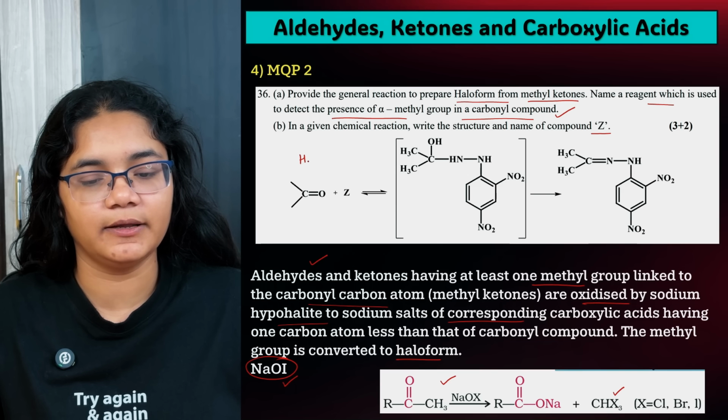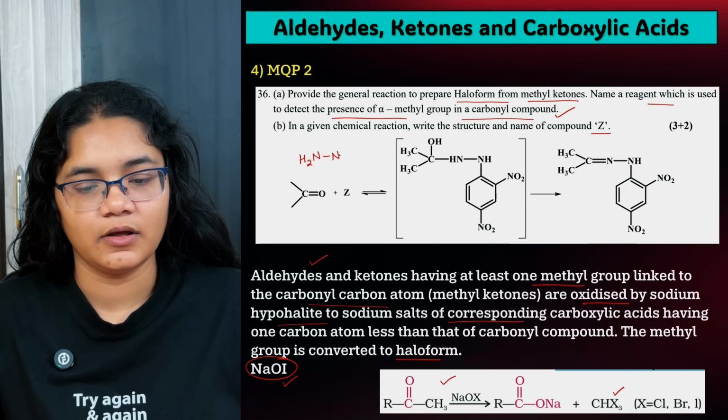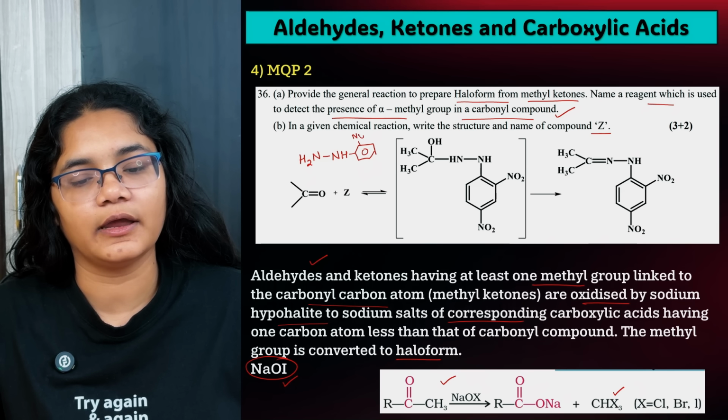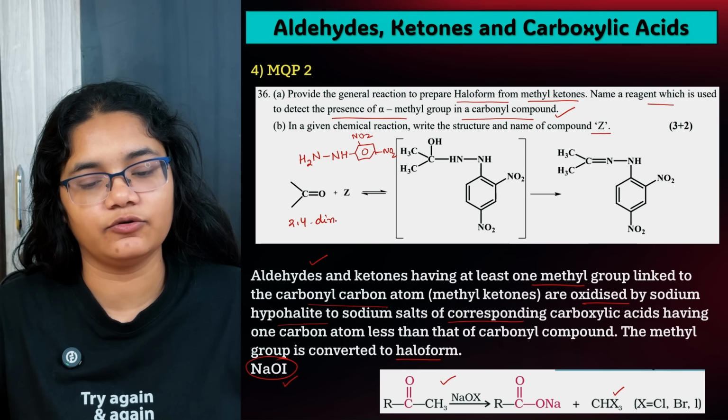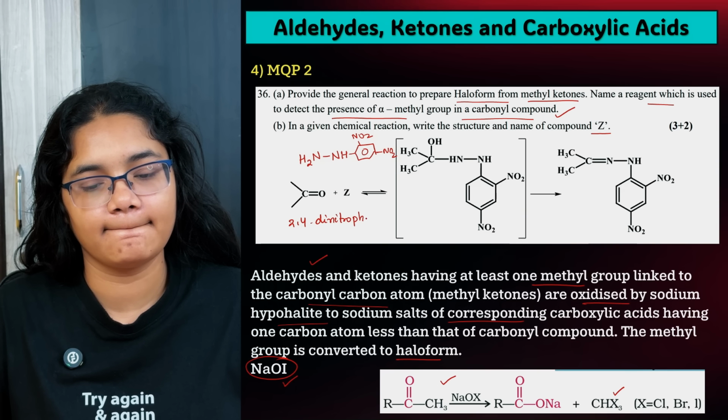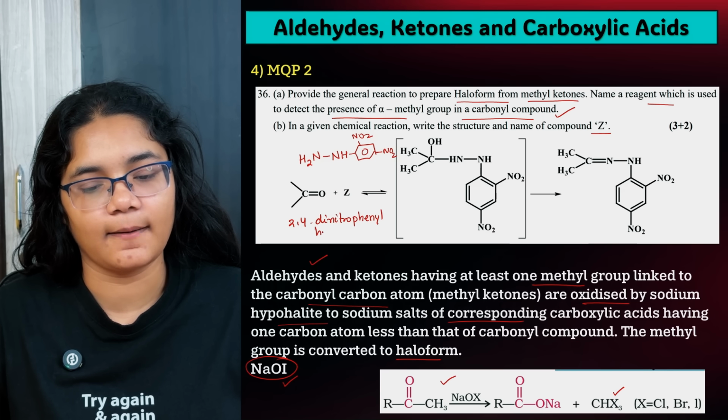So this one will be NH2, then you have N, H, and then you have NO2, NO2. And what is the name of this compound? So it is 2,4-dinitrophenylhydrazine.